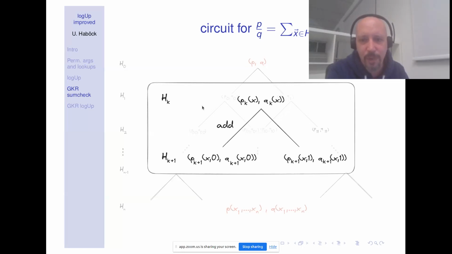Polynomial sum checks batch well without increasing the degree, neither the domain size nor the degree of constraints. But fractional sum checks don't batch that well, so you cannot interpolate them or do anything. If you just say I want to batch them over the same domain, it just means you increase the degree here.